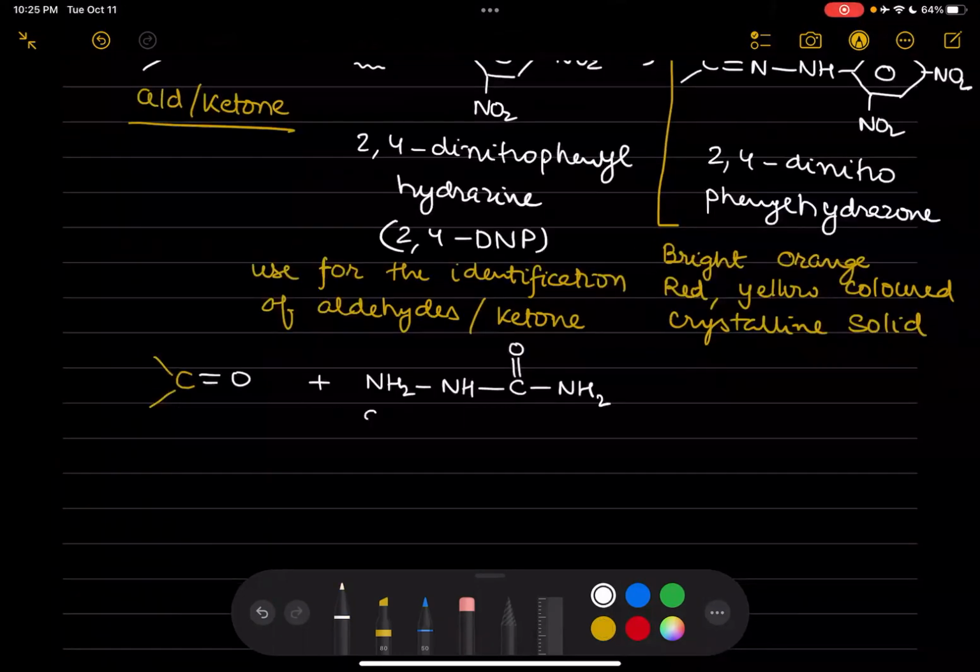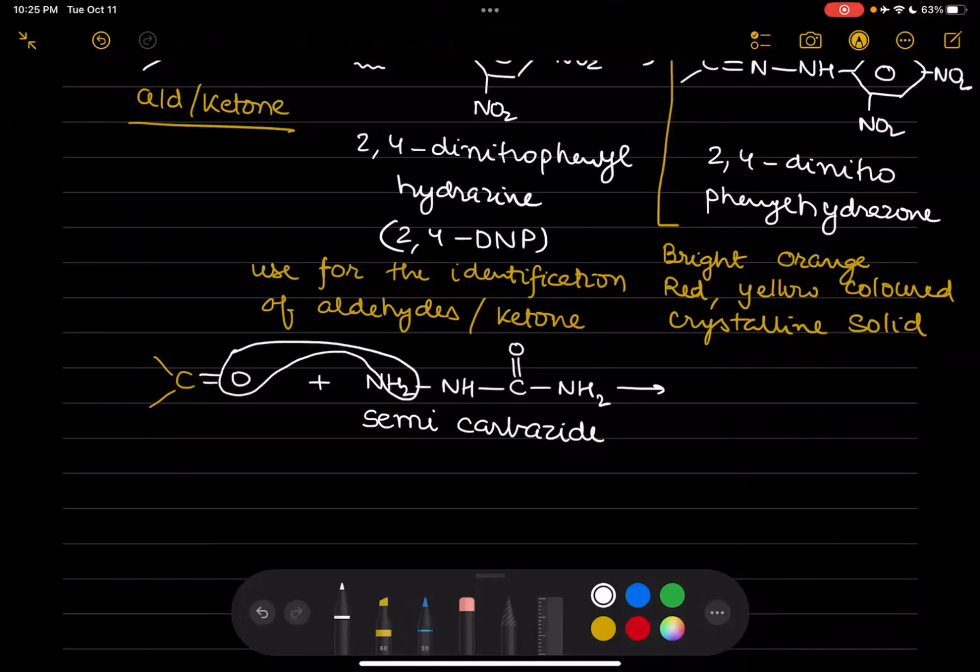Its name is semicarbazide, and the water is going to get removed. Remember, this nitrogen will not react; this nitrogen is going to react, because those nitrogens are in resonance.